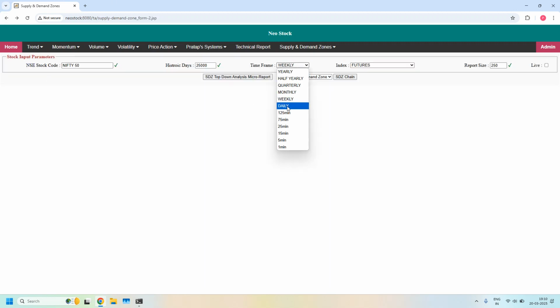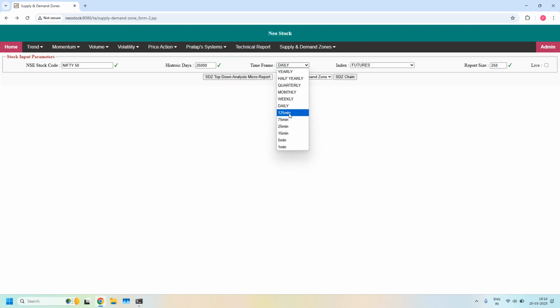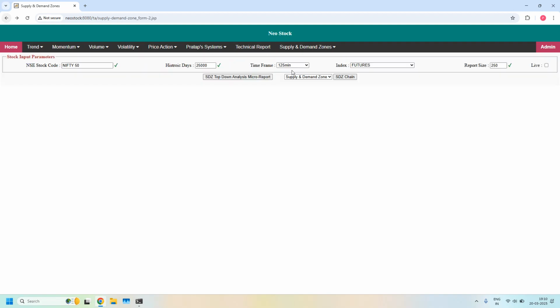Next, daily supply demand zone chain for NIFTY. Next, 125-minute supply demand zone chain for NIFTY. Next, 75-minute supply demand zone chain for NIFTY.